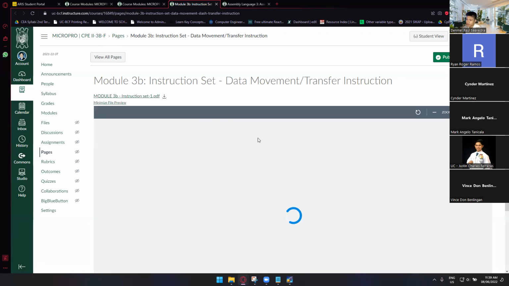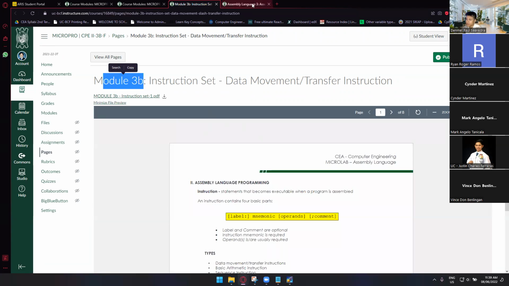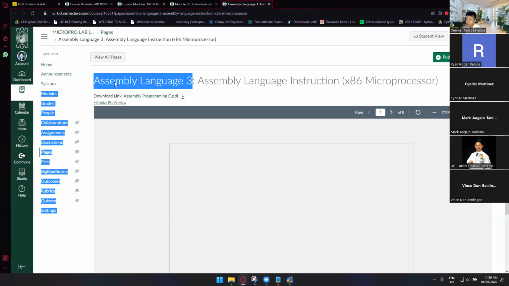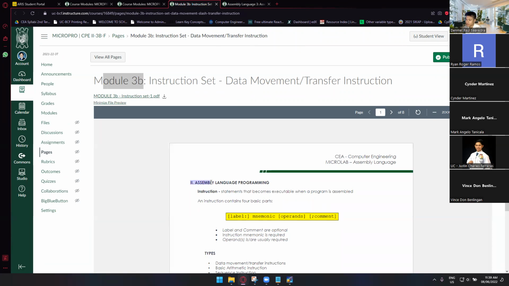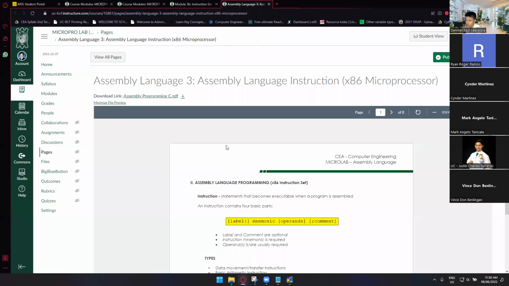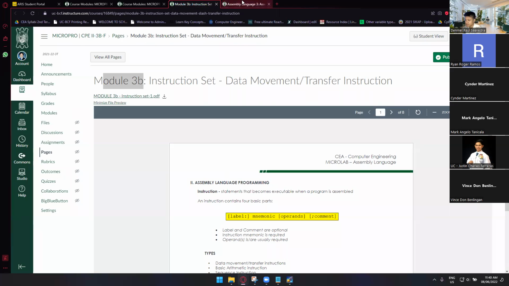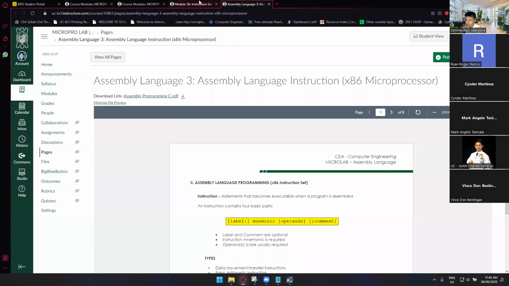This is the one we have in lecture, module 3B, and this is the one we have in laboratory. You will see we have assembly language programming here, and assembly language programming here also. It's just that this one has an added name, x86 instruction, but both are the same. Those who have a lecture and laboratory may check these two.